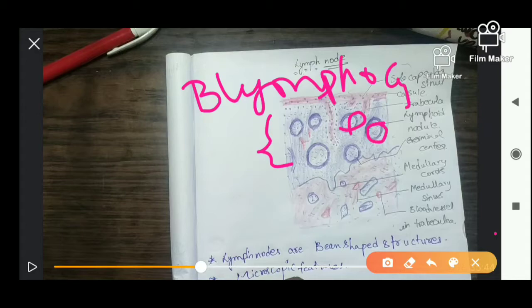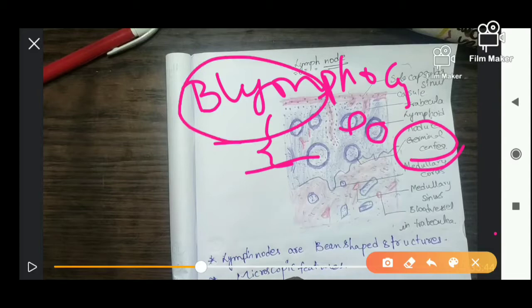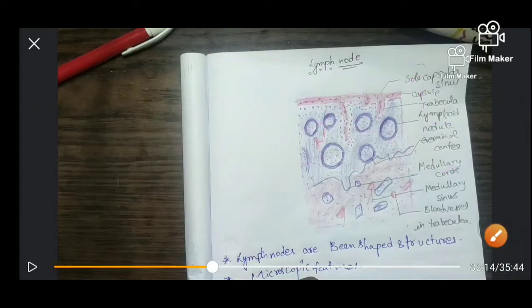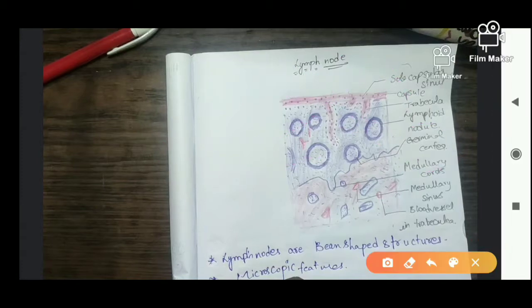Some of these nodules show a light stained zone in the center. This light stained zone in the center is called the germinal center. You should remember this is the second point of the outer cortex. The outer cortex also contains antigen presenting cells, the follicular dendritic cells. Remember that. This is all about the outer cortex.